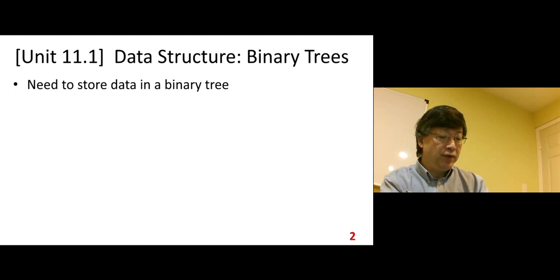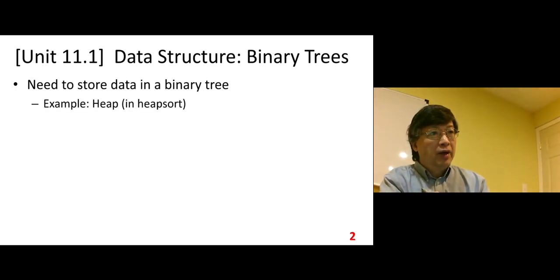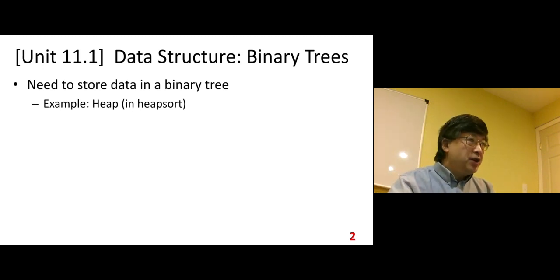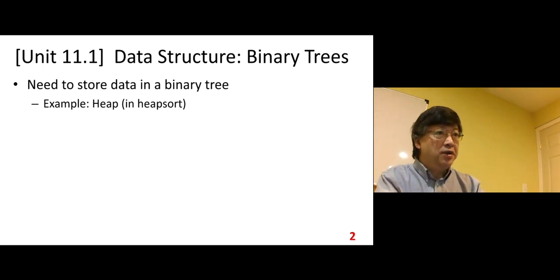That's the reason we use a special arrangement. For example, heap is an example. We have many properties for a heap. In order to get that special property in heap sort, we need that kind of properties. We just use that as an example, but now we try to go to the general case.